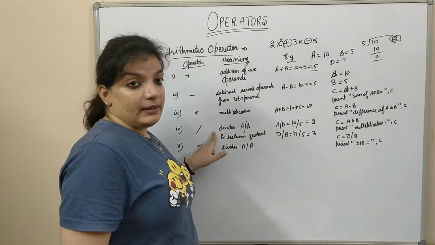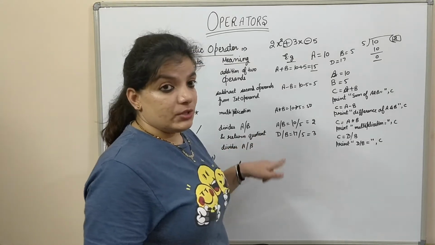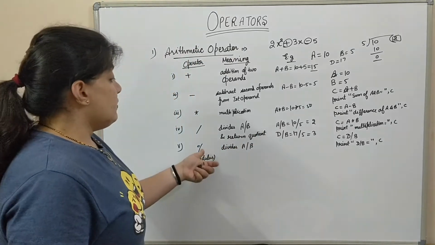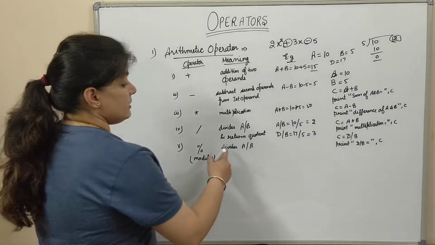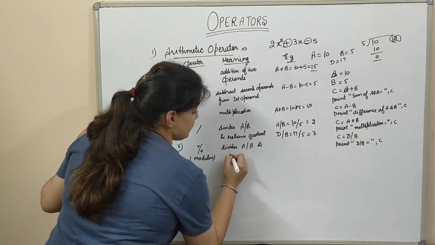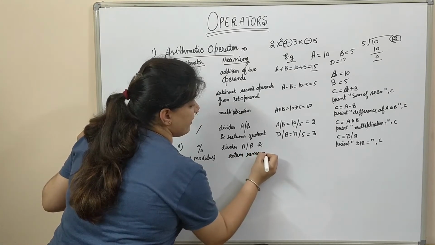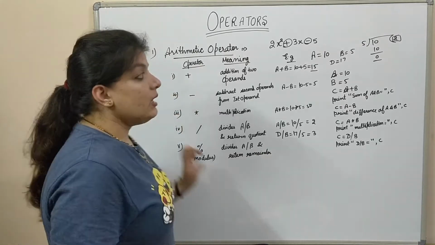The division operator returns the quotient as output. This operator will return the remainder value. Whatever the remainder you have, that will be the output.